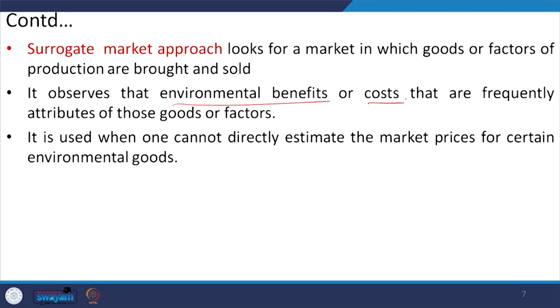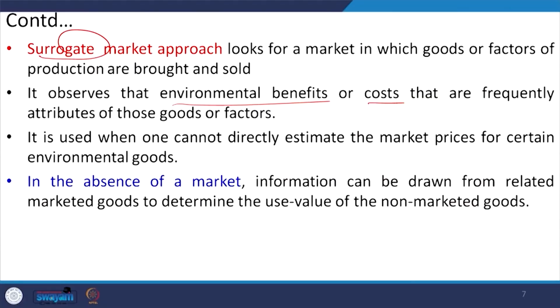So, you can say that this surrogate market approach is used when we cannot directly estimate the market prices of those environmental goods and services, because there is no typical market for it, but we are trying to find out those markets where some attributes of these environmental goods and services are traded in different forms of goods and services.